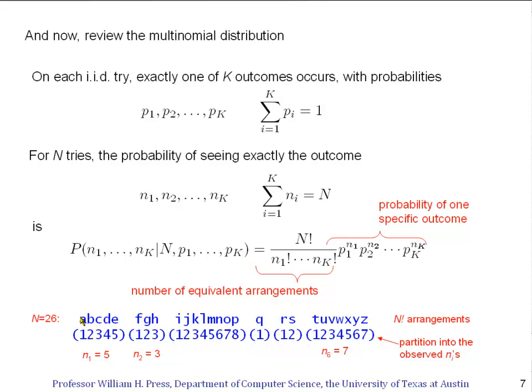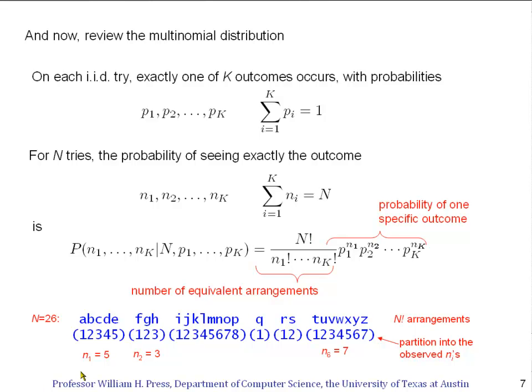And one way of writing out the 26 letters of the alphabet is in order, but there are, of course, 26 factorial or n factorial arrangements of the alphabet, and each of them is therefore an assignment into these sets of bins, and there are n factorial, the numerator, possible sets of assignments.